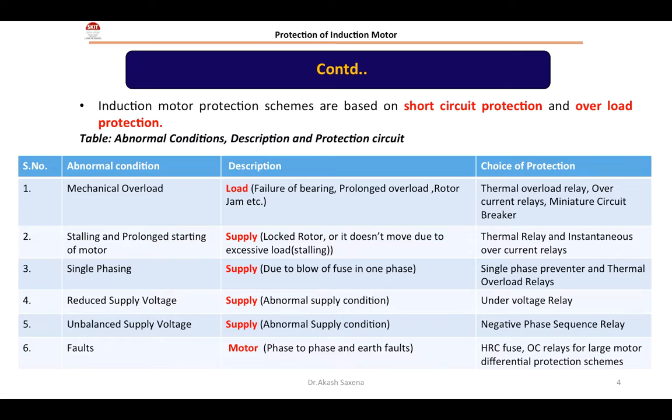By studying this table, we can see that 60 to 70% of abnormal conditions correspond to a rise in the current. Rise in the current means rise in the temperature, and that can damage the motor winding and insulation, and we have to take care of that through the protection circuit.